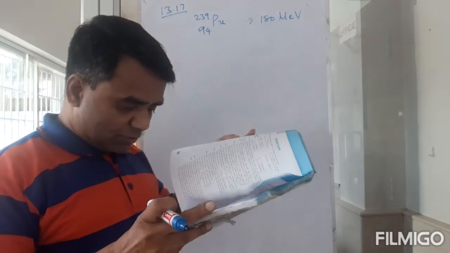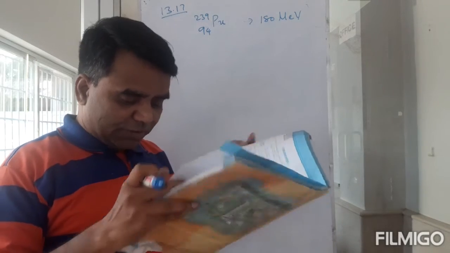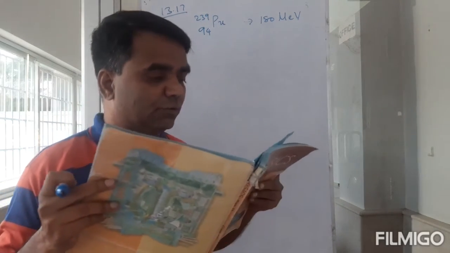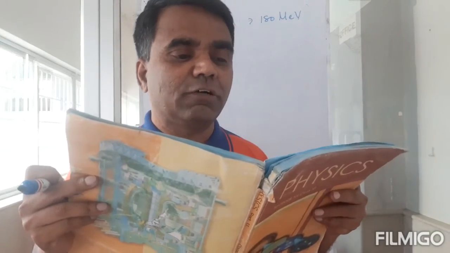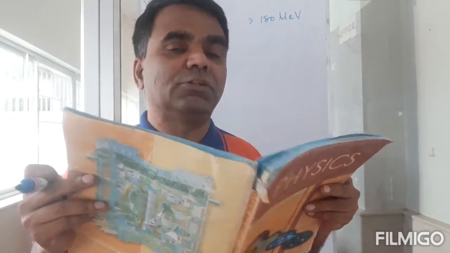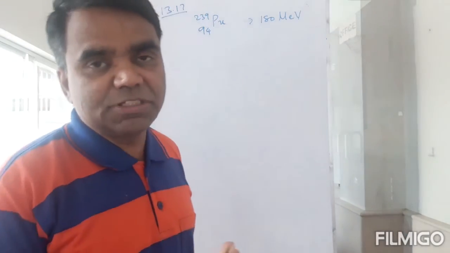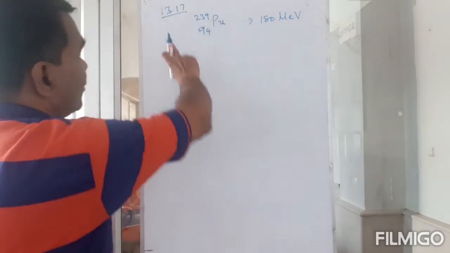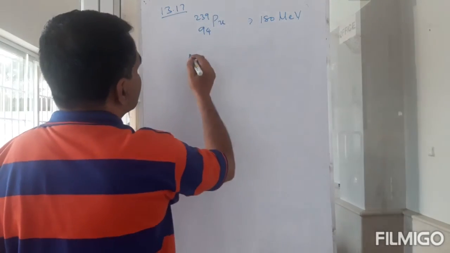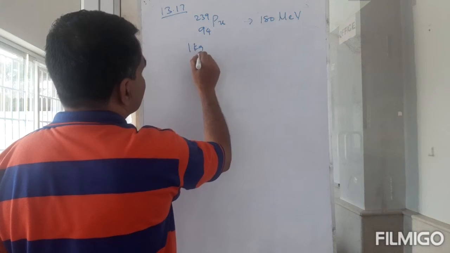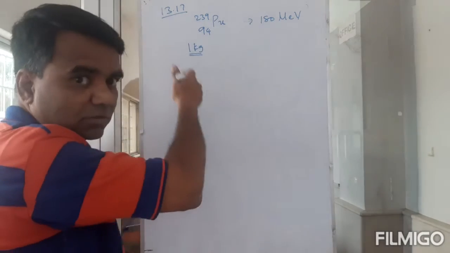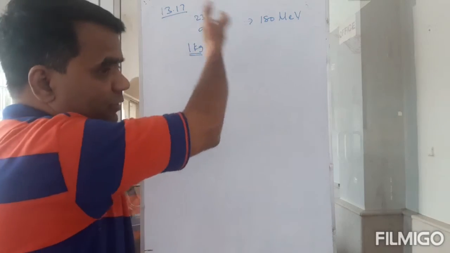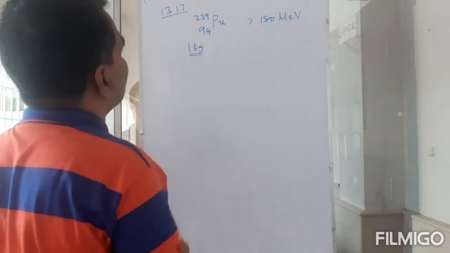Now they're asking you to figure out how much energy in megaelectron volt is released if all the atoms in 1 kg of pure plutonium undergo fission. That depends on the number of atoms in 1 kg. This is the one atom, 180 megaelectron volt. So you need to figure out how many nuclei are there in 1 kg.